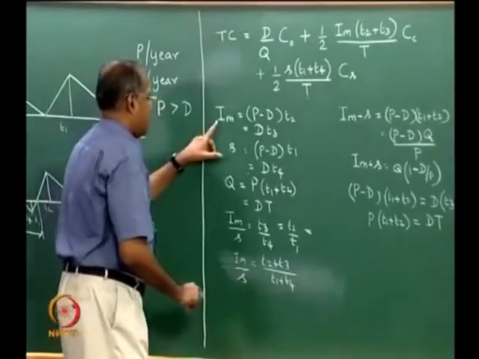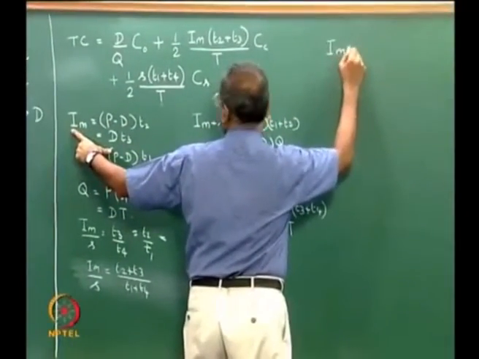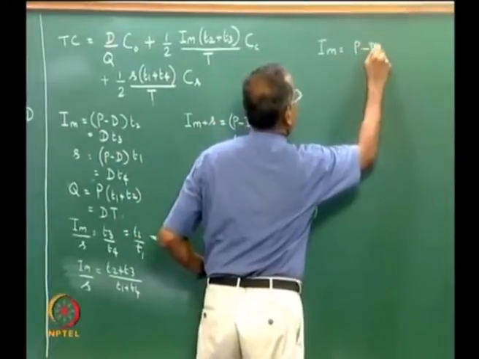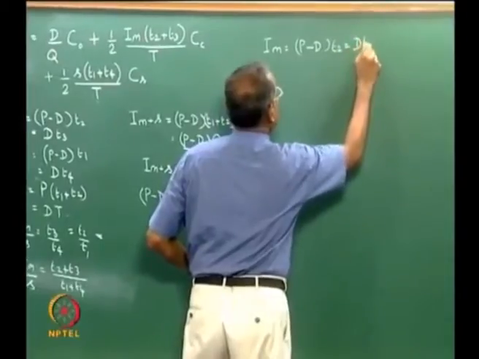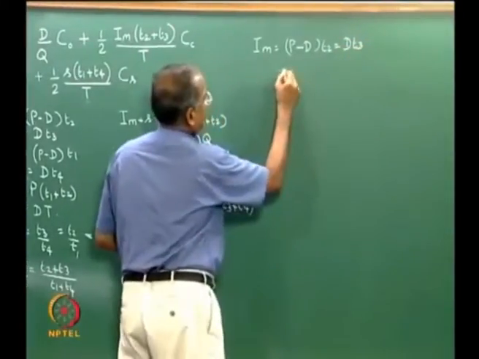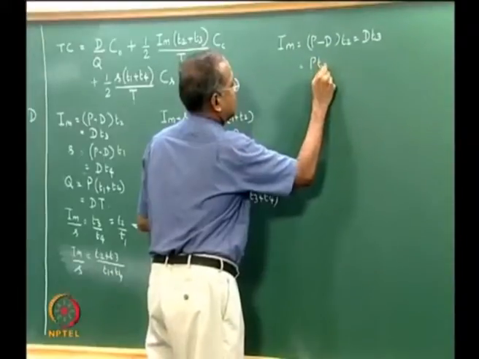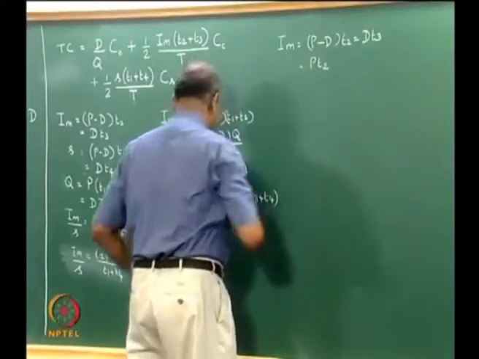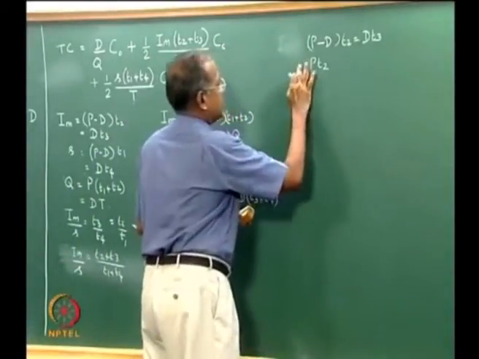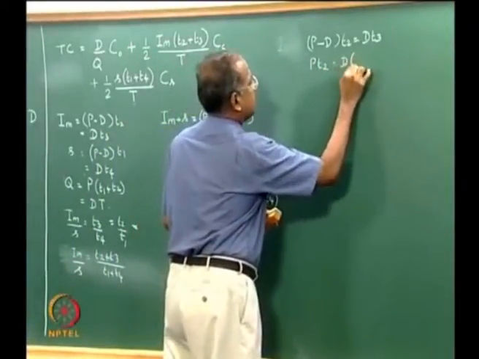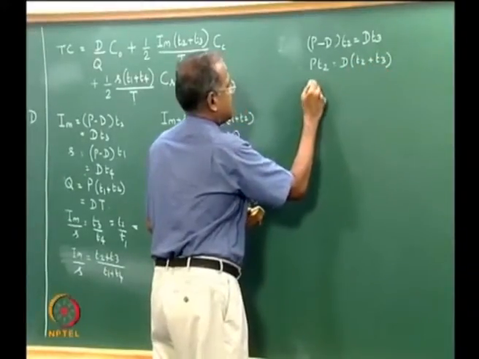Okay, we can write another thing from here. Im is equal to (P minus D) into T2, which is equal to D into T3. So, from this P into T2 is equal to D into (T2 plus T3).